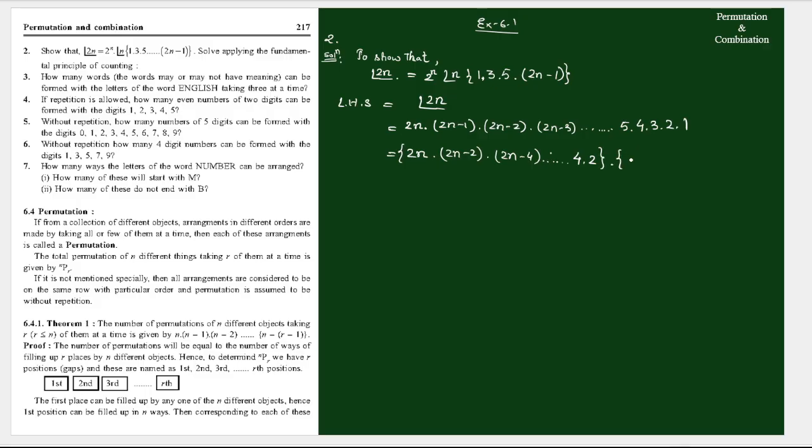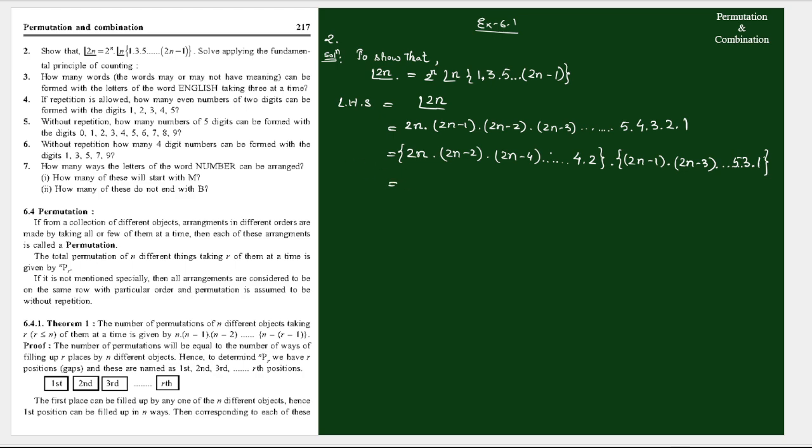Same here, 2n minus 1, 2n minus 3, so it will go on to 5, 3 and then 1.